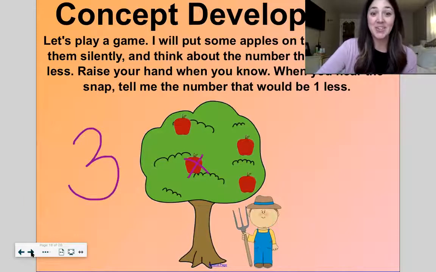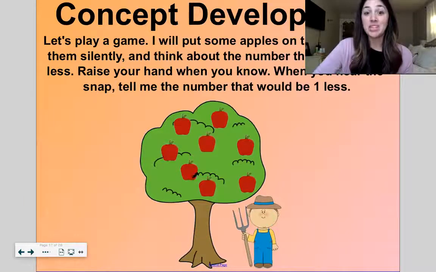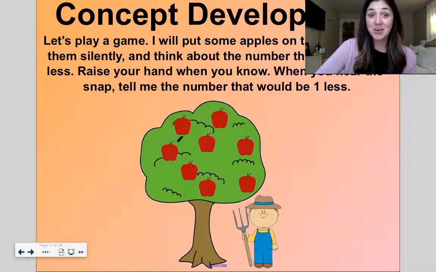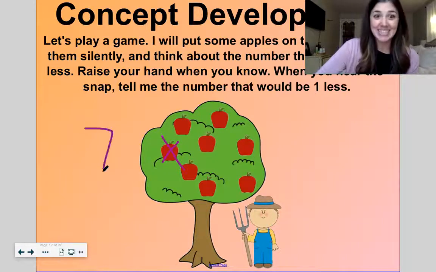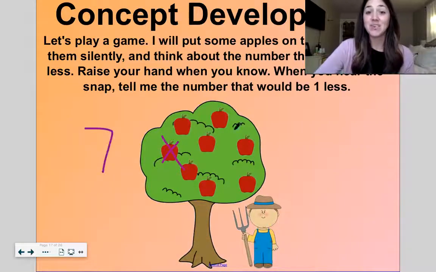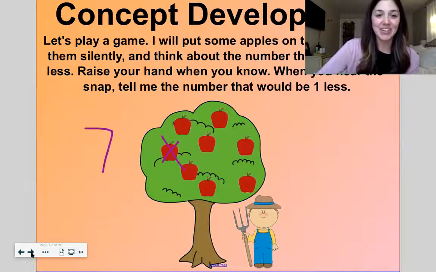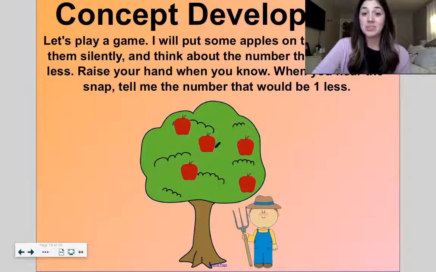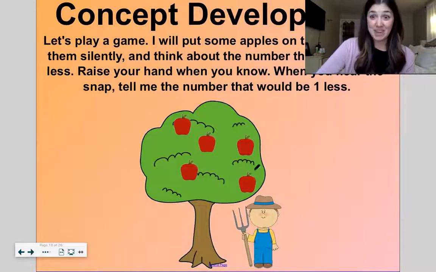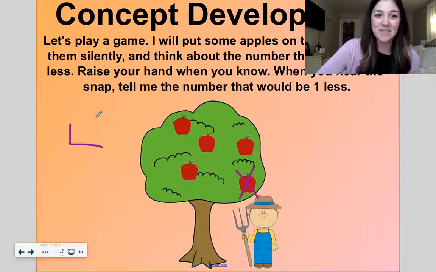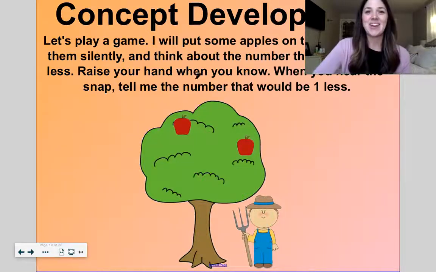Good work. Okay, let's do 2 more. There's 8 up there. What would 1 less be? Yes, 7. Good. Okay, last one. There's 5 up there. What's 1 less? You got it. 4.